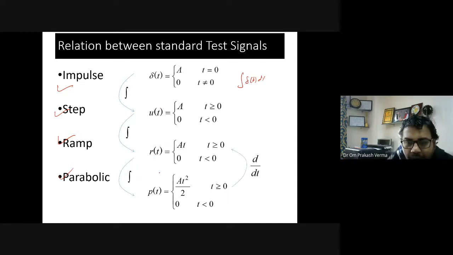In a similar way, when you differentiate the pt, you will get the ramp function, and when you differentiate the ramp function, you will get the step function, and when you differentiate the step, then you will get the impulse. And what happens when you differentiate the impulse function? Then anyone? It is also called the Dirac delta function, as you know that. When you differentiate the Dirac delta function, then what will you get?